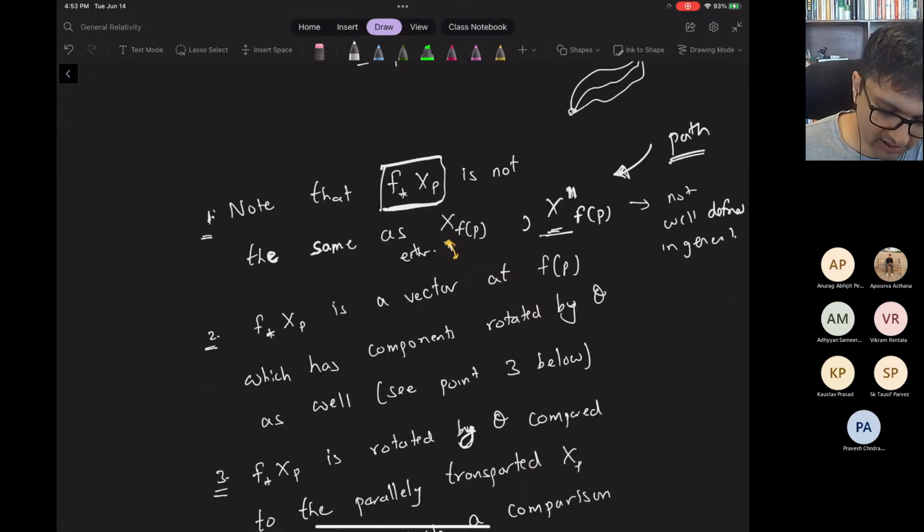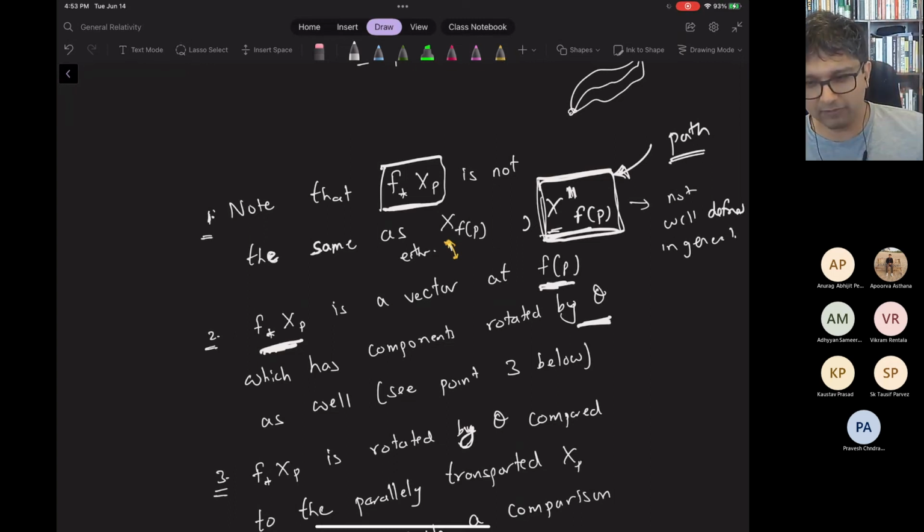The second thing is that this f star xp, if you're in Euclidean space, is uniquely defined, what we mean by parallel transport, and it becomes path independent. Then f star xp is a vector at f of p which has components rotated by theta. So the point f of p itself is rotated relative to the point p, but the vector f star xp is rotated relative to what?